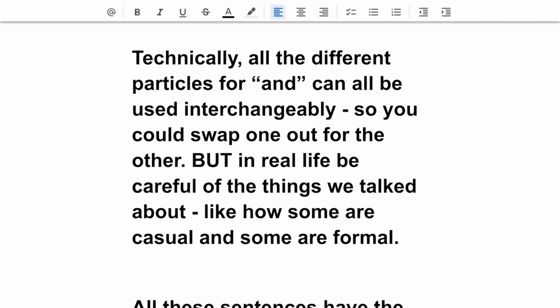In real life, honestly, you can stick with 하고 for everything, and you could also stick with 이랑 for everything. Even if you want to be formal, but you don't remember which one is the formal one, anything works. Don't try to be perfect when it comes to this. I don't think a Korean person will be offended if you use the quote-unquote wrong and, even if you still end the sentence formally.